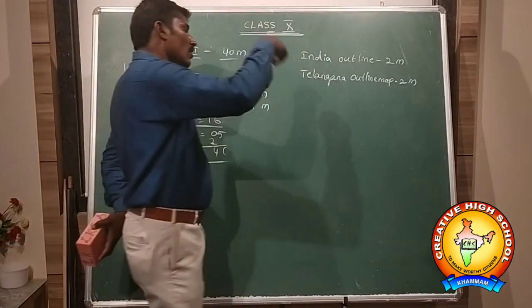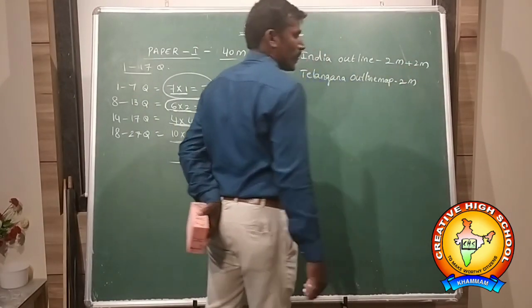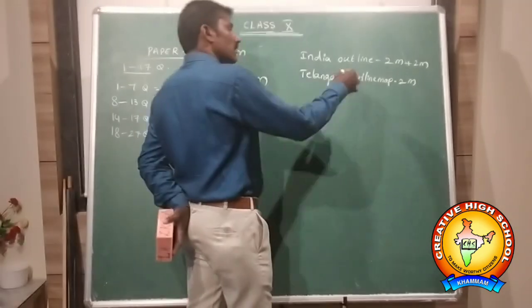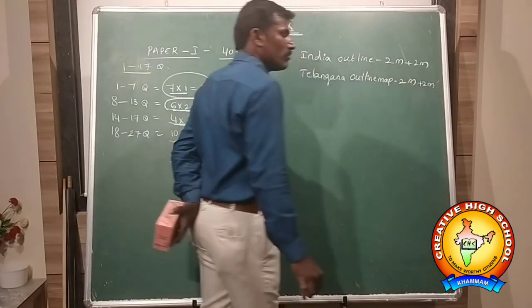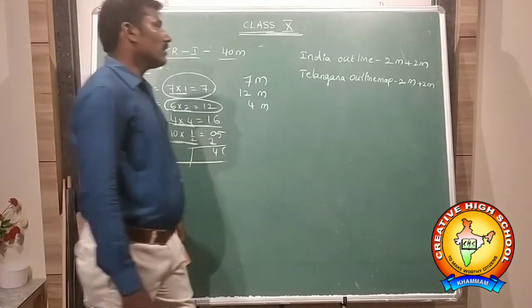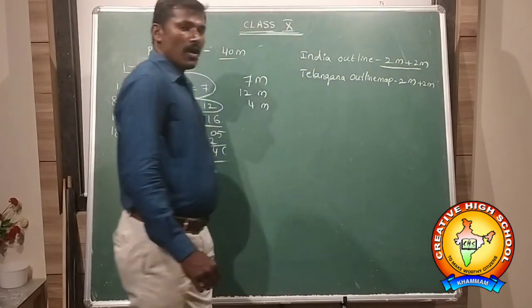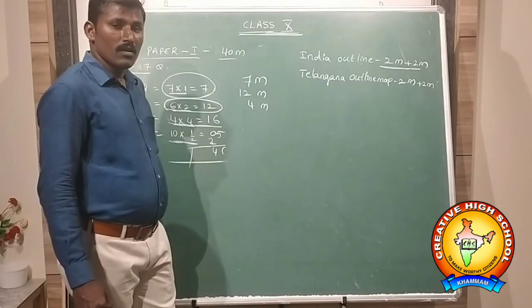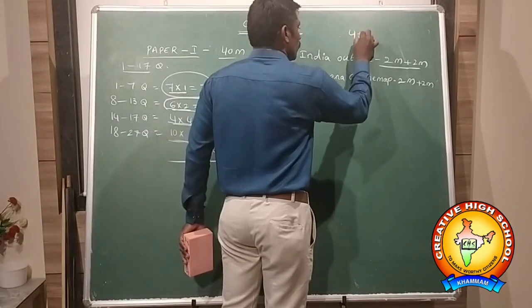If you draw the India outline map and point out, another 2 marks. If you draw the Telangana outline map and do the map pointing, that is 2 marks, so you will get 4 marks. Here 4 marks are for map pointing, another 2 marks are for 4 plus 2.